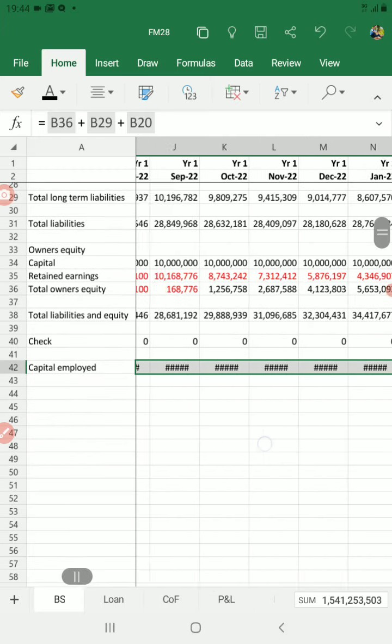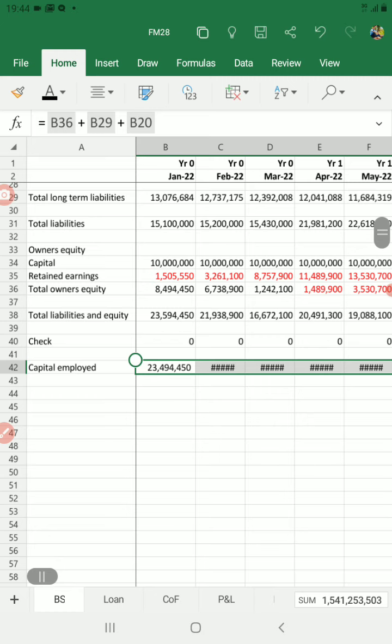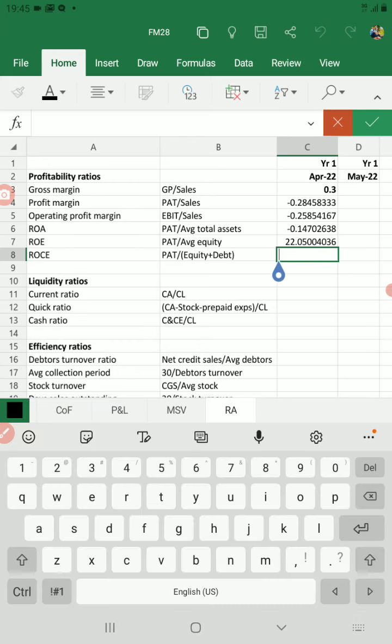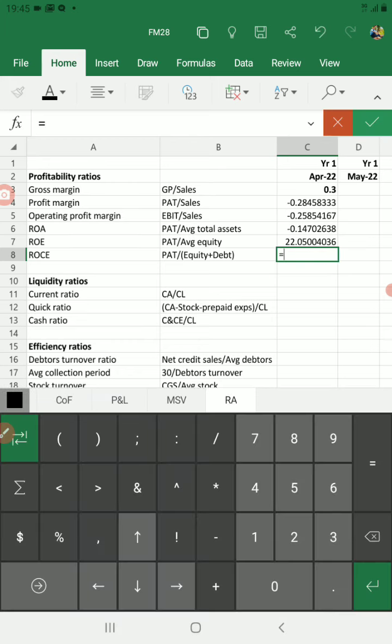Right, so now we can go back and do our ratio analysis sheet here. So our return on capital employed is equal to, we are starting with equal to profit after tax.